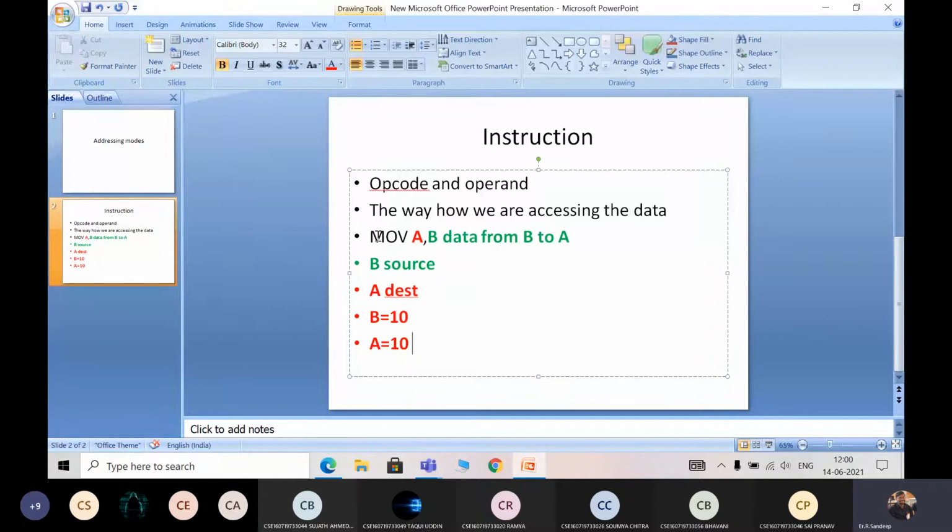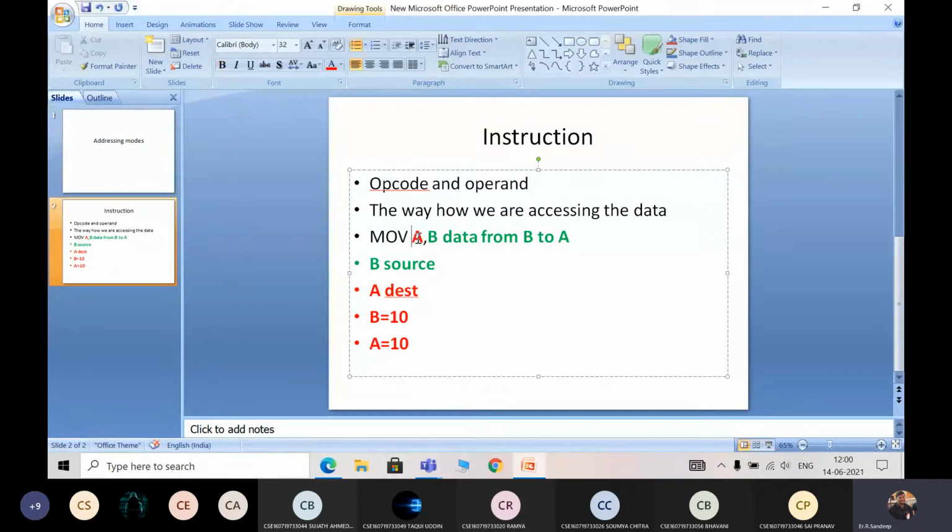What it is specifying, move A comma B: the instruction gives the information about the type of operation we are performing, move, and we are making use of the two registers A and B. If we are making use of two registers, then this type of scenario is called the register addressing mode. Why?